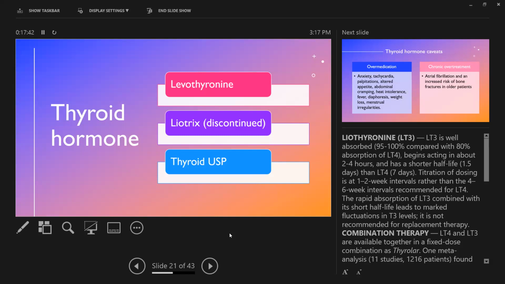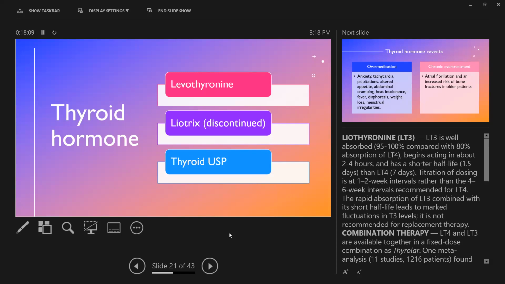The drug of choice is levothyroxine. This is a synthetic version of T4. Liothrix was a combination T3, T4 product. That product has been discontinued. Used to be called Thyrolar.